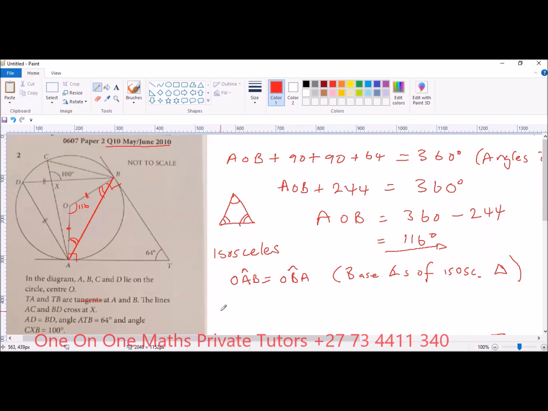So what do we say? 116 plus OAB plus OBA is equal to 180. What is the reason?